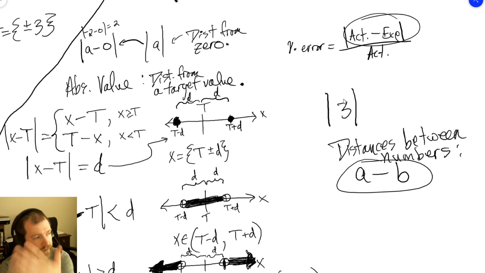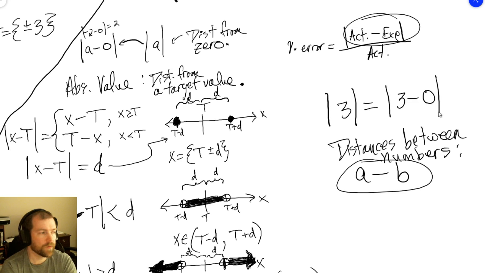If we look at this, 3, we're allowed to make this 3 minus 0 without any sort of cost, right? 3 minus 0 is simplifiable to 3, just as it is.